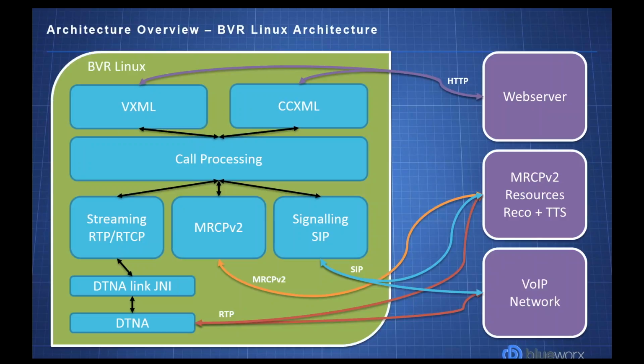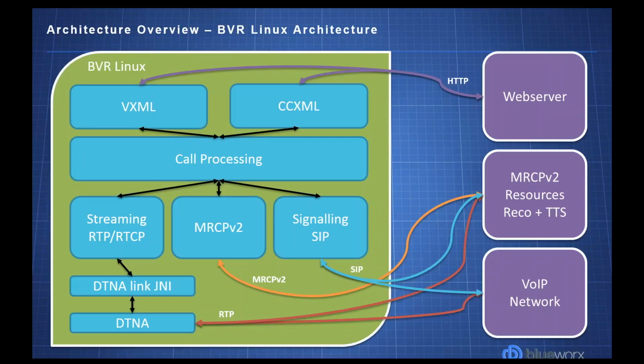Paul, question, please. What is the reason why MRCP would talk to SIP? So MRCP version 2 uses SIP as its connection layer. When you talk to the MRCP version 2 speech server, you initiate the connection using SIP.